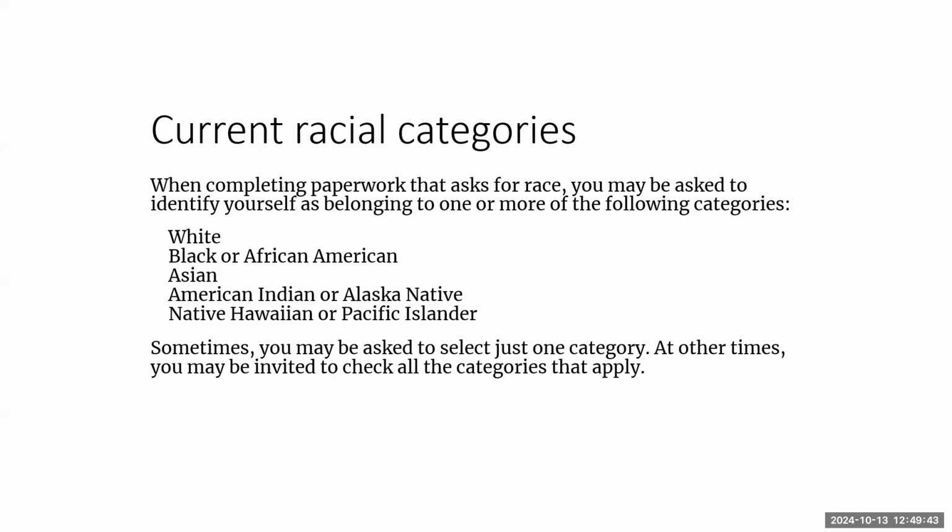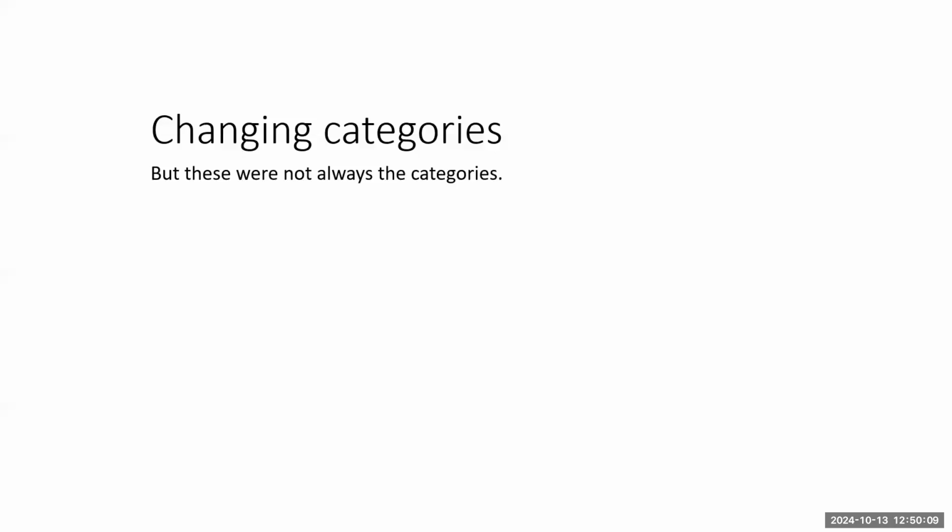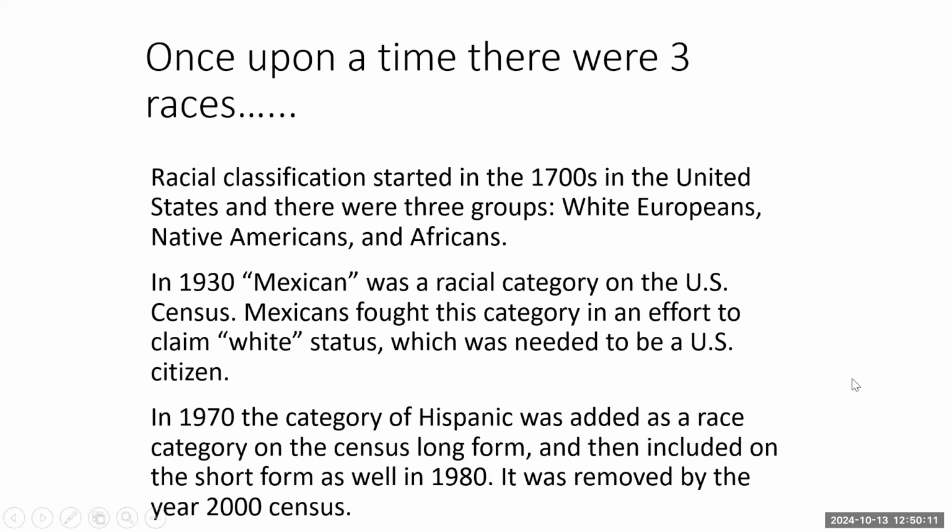So right now, the categories that we use are white, Black, sometimes they'll say Black or African American, but not everyone who's Black is African American, Asian, American Indian or Alaskan Native, and Native Hawaiian or Pacific Islander. But these categories that you see, these weren't always the categories. So if we go back to my childhood, the categories were different. So these were not always the categories.